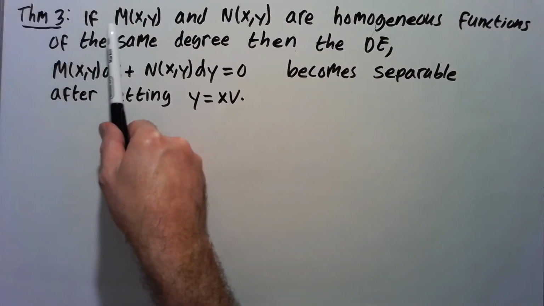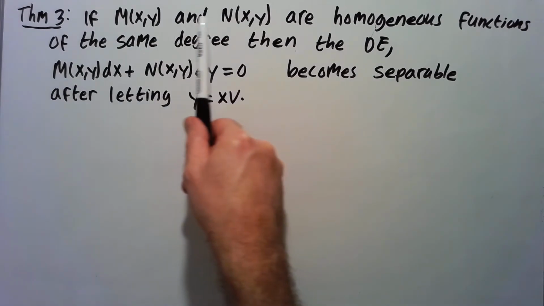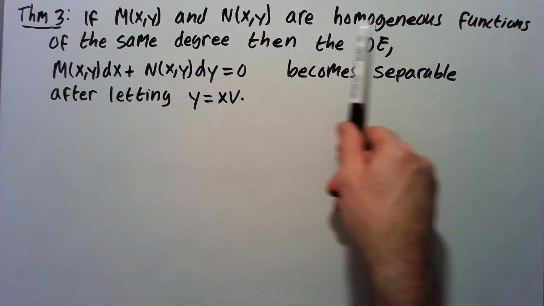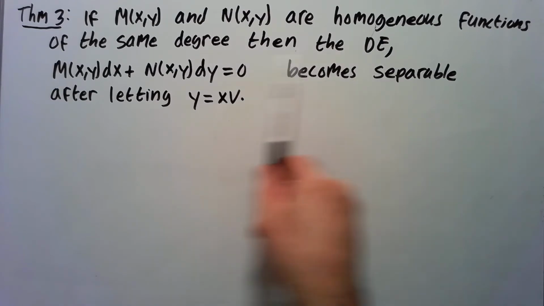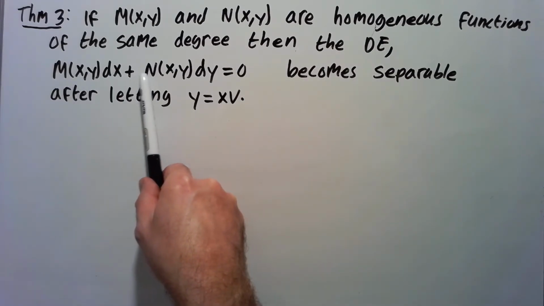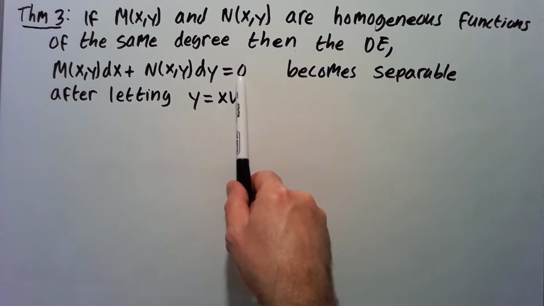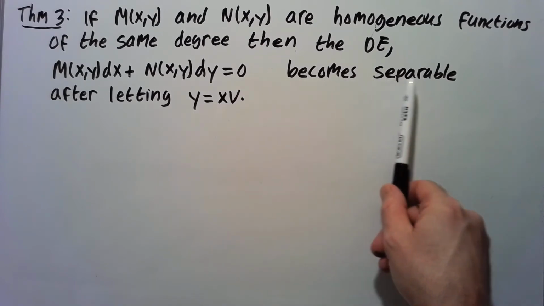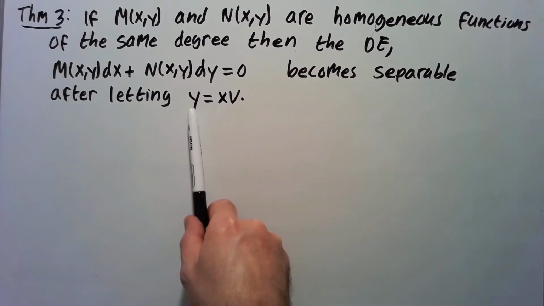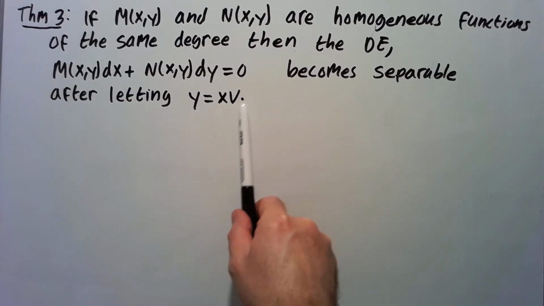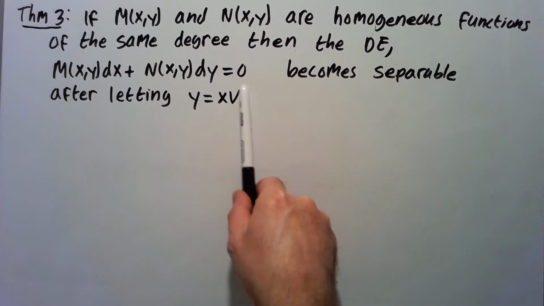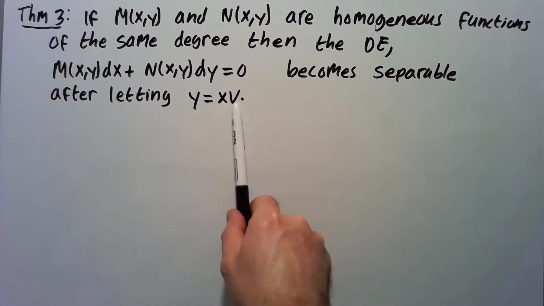It says if M(x, y) and N(x, y) are homogeneous functions of the same degree, then the differential equation M dx plus N dy equals 0 becomes separable after we let y equal xv. So we're making a change of variable here, where v is some unknown function, just a substitution we're going to make here.